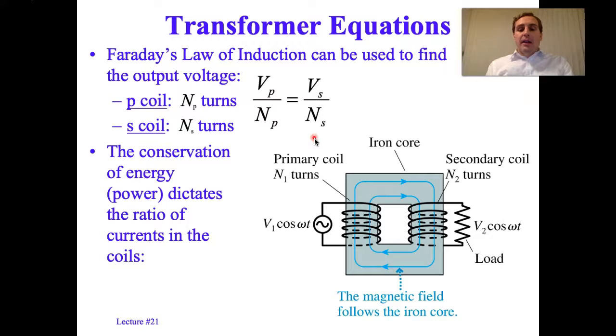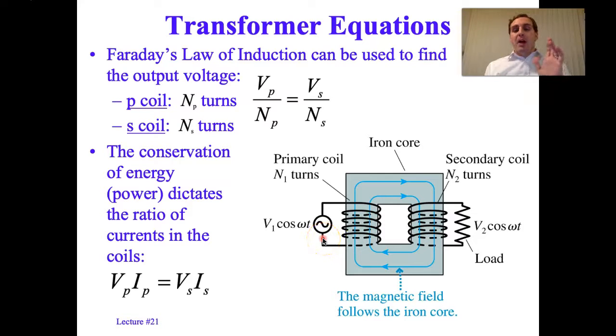Now, conservation of energy, and energy per time is just power, dictates the ratio of the current in the coils. If the power is conserved, and by the way, this is only true for an ideal transformer, since most real transformers have power losses due to transmission, inefficiencies, energy lost in air, friction, resistance, all kinds of things.